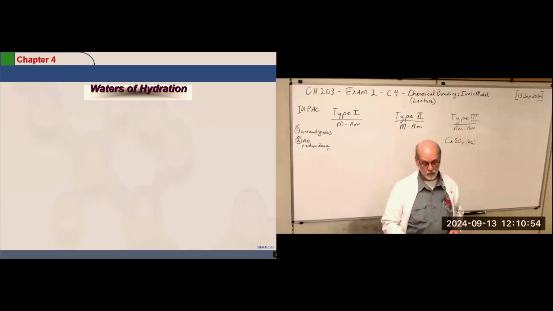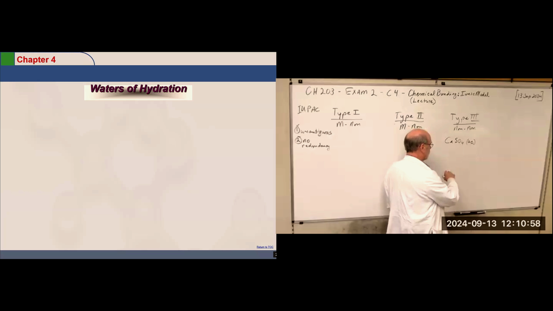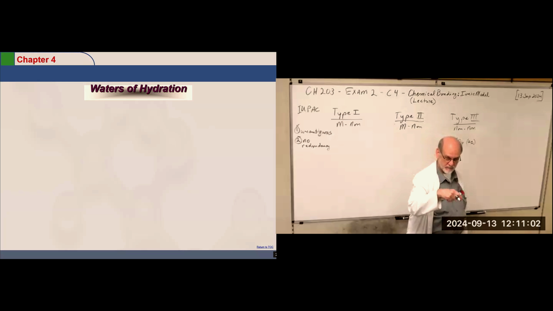Just above the boiling point of water. What you'll get is a compound that still has a little water left in it. That's part of the solid crystal structure. And the only way you can get it out of there is to heat it higher. 150, 200 degrees should do it. And we know that the mass decreases when you do that.